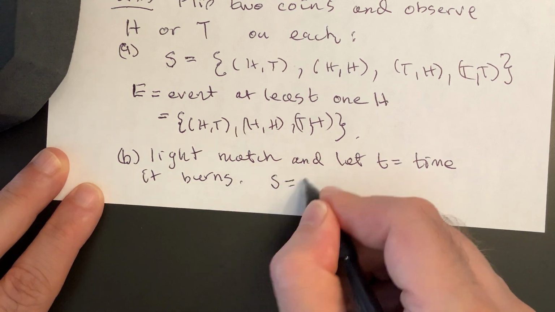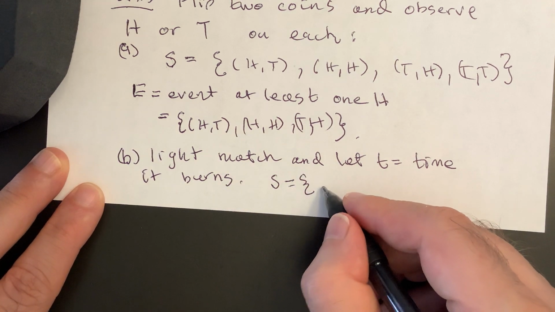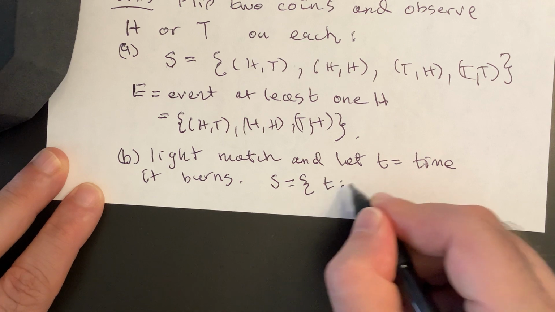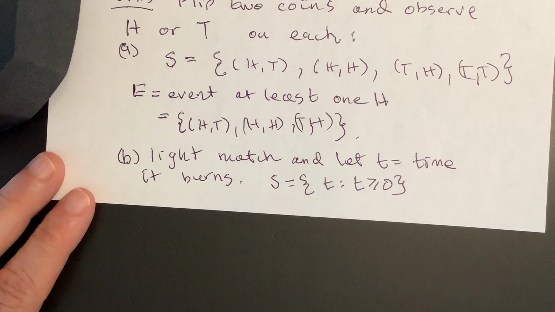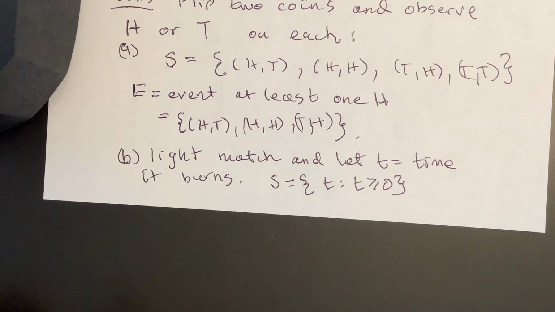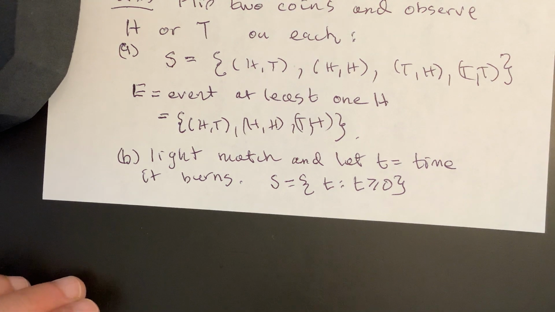Then maybe you would consider S to be all T such that T is greater than or equal to 0. Even though eventually it's going to die out. In fact, because of measurement, T isn't really continuous. You're going to have some round off if you're actually measuring that, so it's not technically continuous, uncountable.